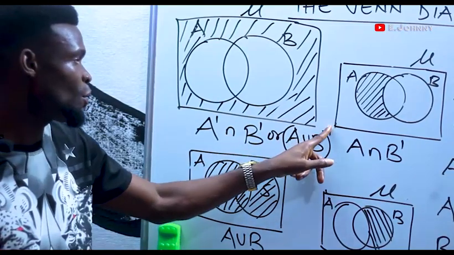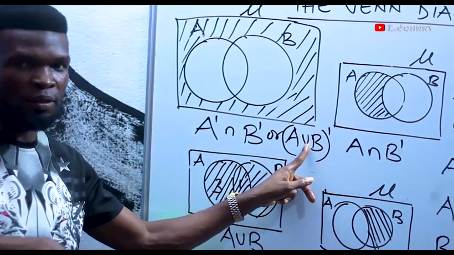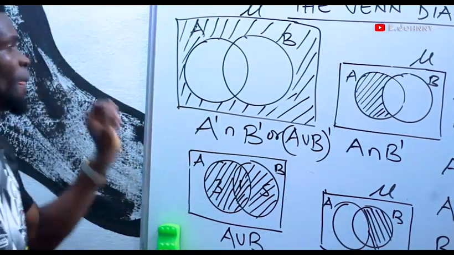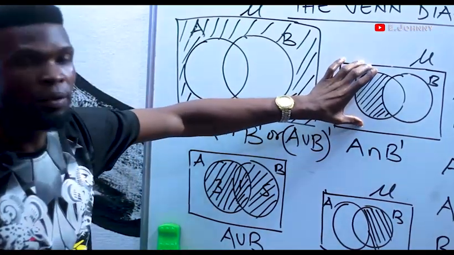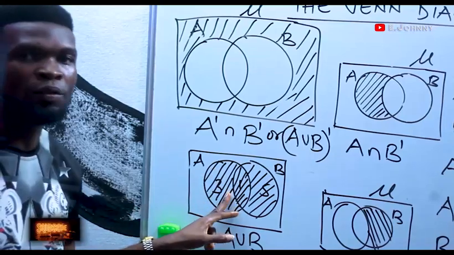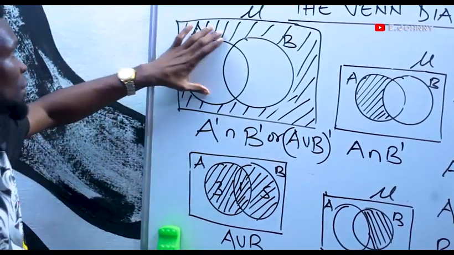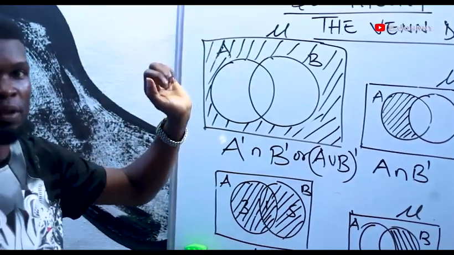So you have A complement intersection, as this comes into effect, it becomes intersection, then B complement. So this is complement of sets. This is union of sets. The first one we did was intersection. Then this one is still difference, or complement of sets.